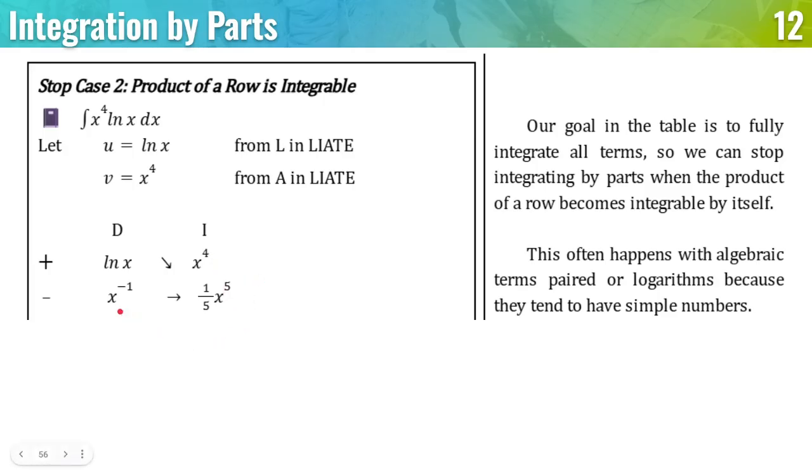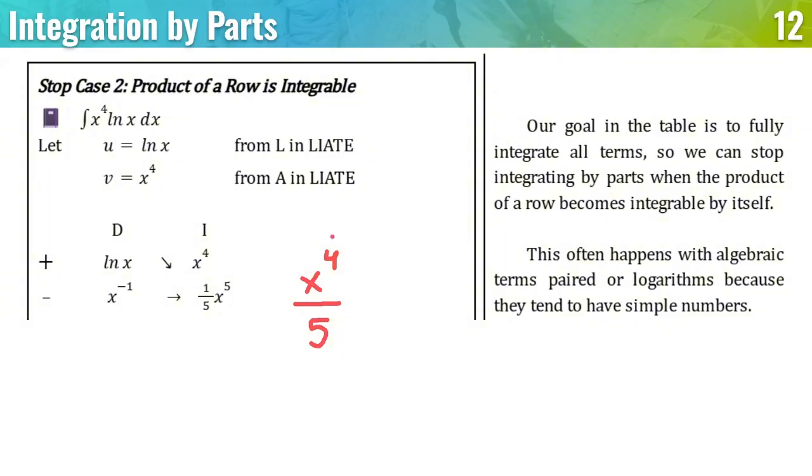So if you notice this, when you multiply x raised to negative 1 and x raised to 5, that will simply be x raised to 4. And then it will be over 5.